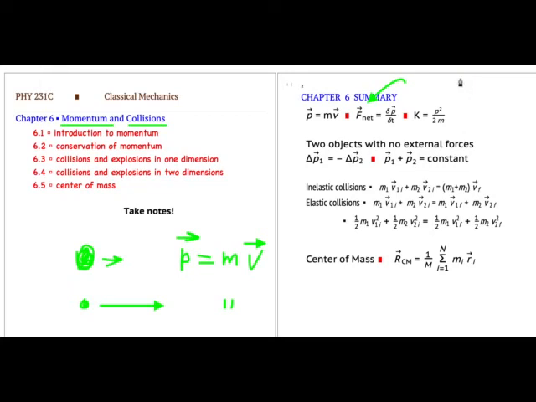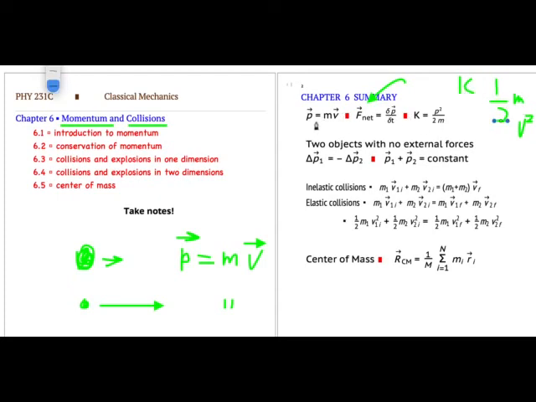Kinetic energy, we say kinetic energy is 1/2 mass times velocity squared. One half mass times velocity squared.